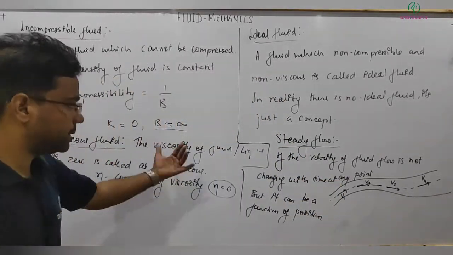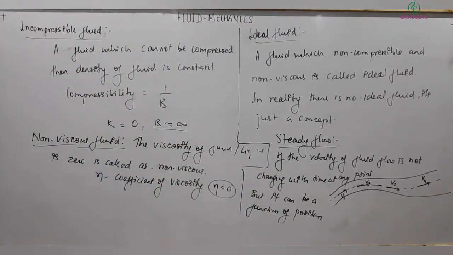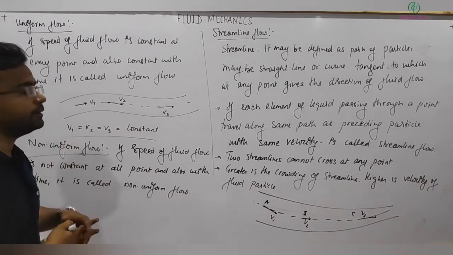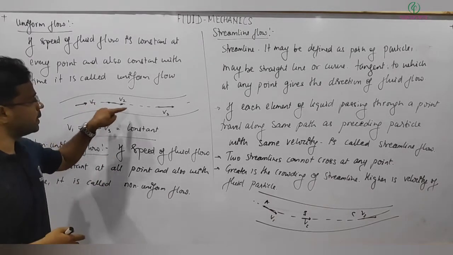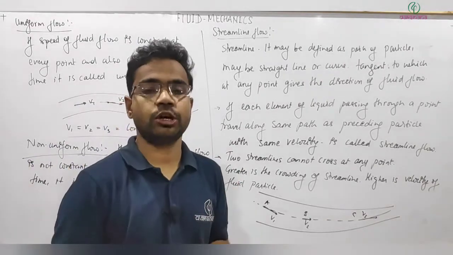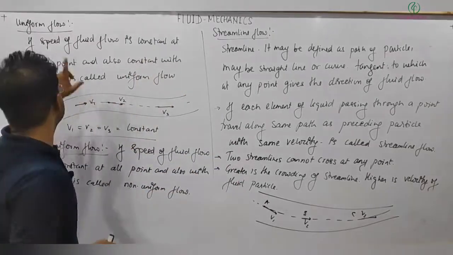Okay, so there are a few more terms. Let me define those. Next is uniform flow. So what is uniform flow? If velocity of fluid flow at every point is constant, and that too it's not changing with time, then that flow will be termed as uniform flow.